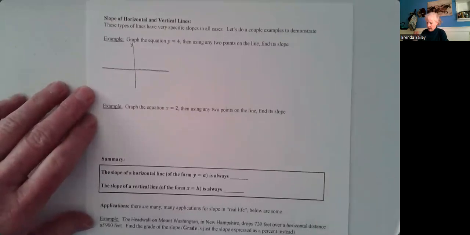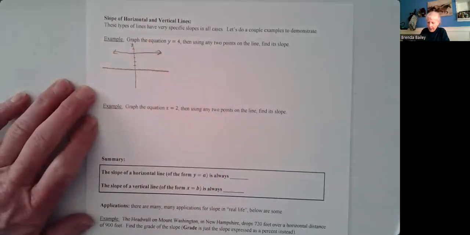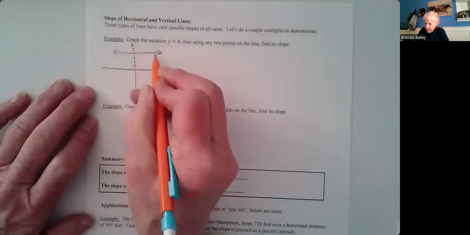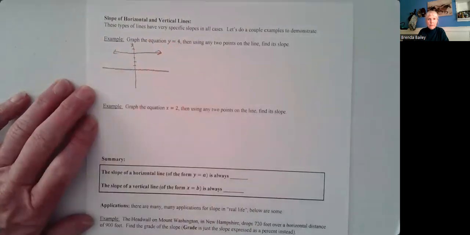Yes. So we're going to go to 4. 1, 2, 3, 4. Okay, so here's our 4. And I'm going to draw that, y equals 4. Any point that you picked on this line, whether it's (1, 4), (2, 4), (3, 4), the y is always 4. So it's a horizontal line. It's a crooked horizontal line, but it's a horizontal line.